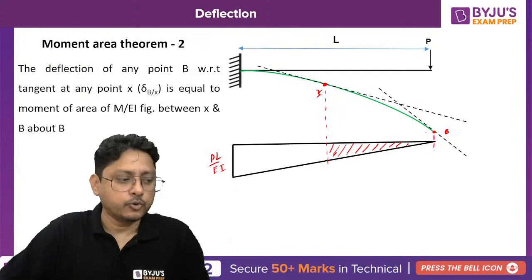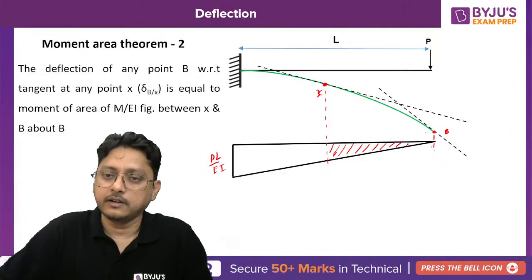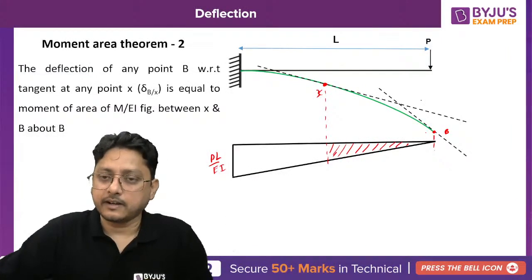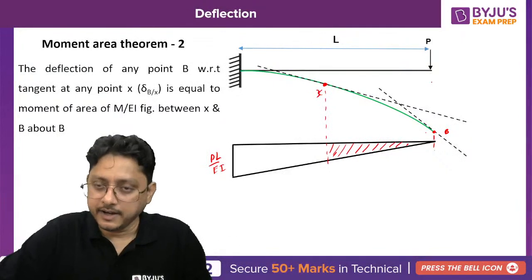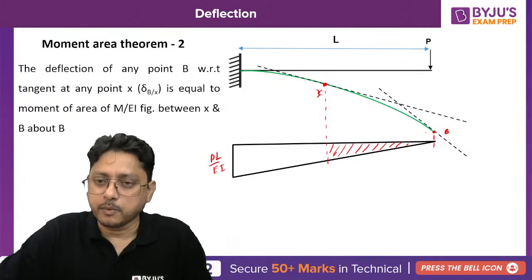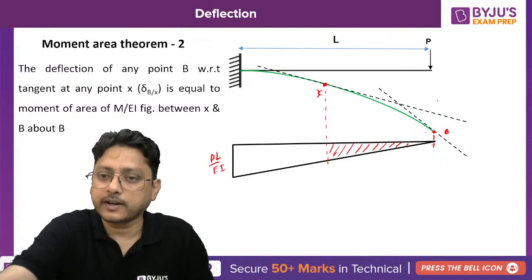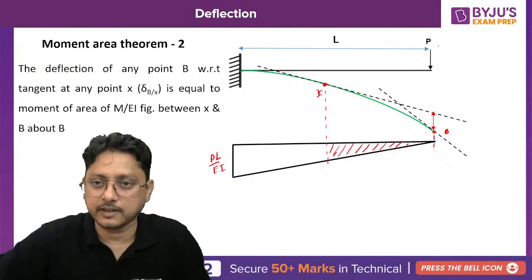Then another question you may ask: sir, where should I stand? On the line drawn from X, or at the line at B? Understand that. Which deflection will you actually identify? If you take the moment by standing at B, of course you are calculating this deflection, which means the vertical intercept is also necessary here.